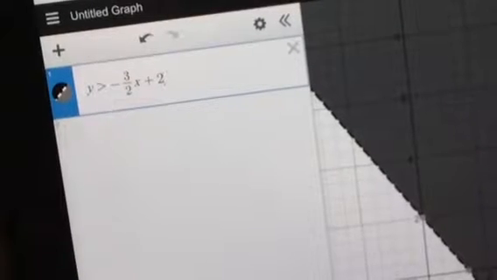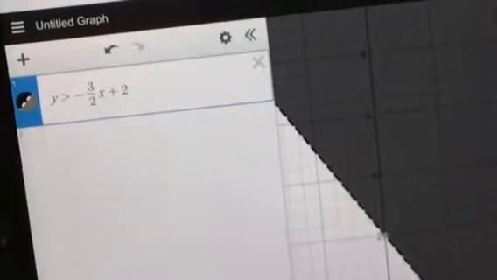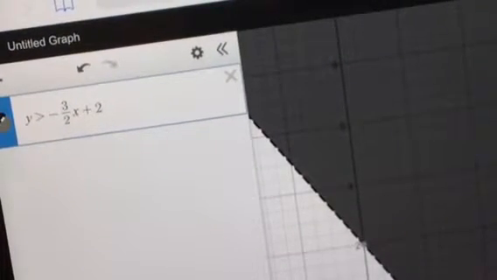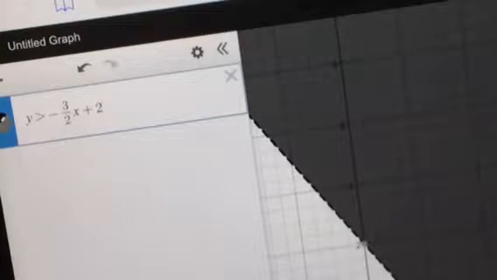There we go. And as you can see, this graph is slanted. It's higher. The slope is 3/2, so it's higher. It's steeper than the graph that we have graphed. So letter B is looking pretty good.